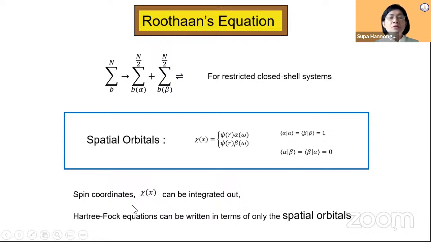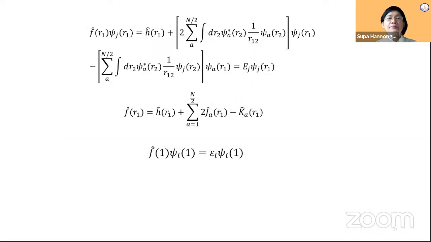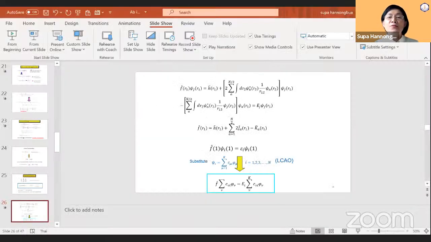We have the spin coordinate, which can be integrated out. So at the end, the Hartree-Fock equation can be written in terms of only the spatial orbital, and the spatial orbital means the coordinate of the electron, not including spin, yeah, spin was taken out.